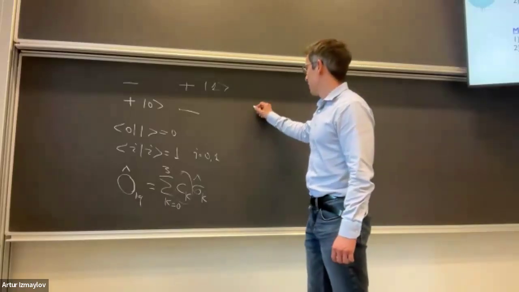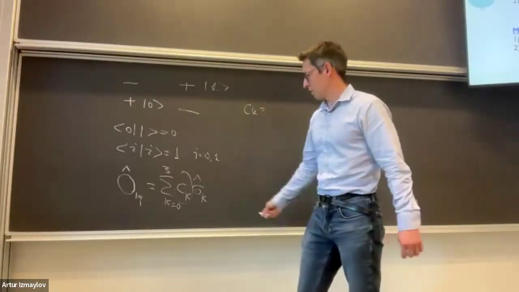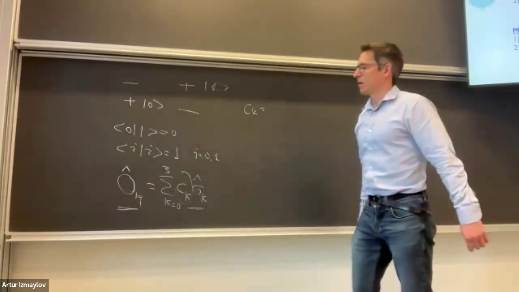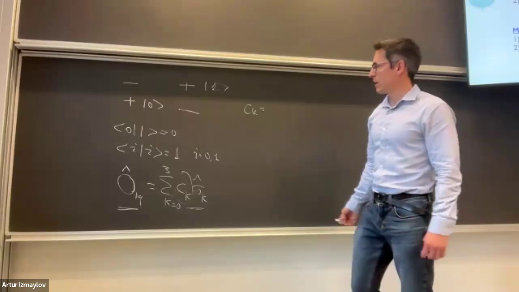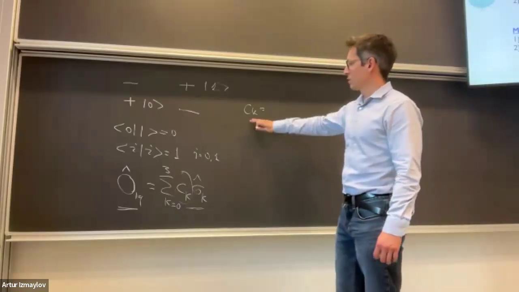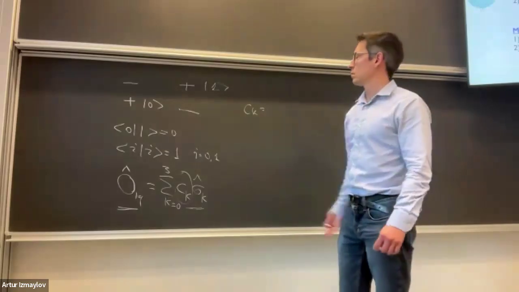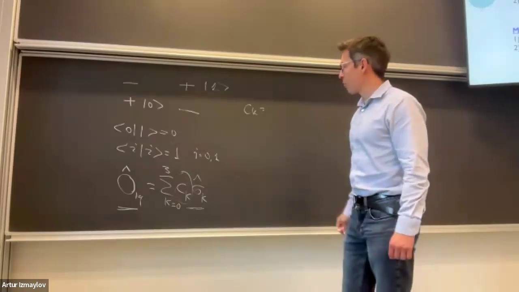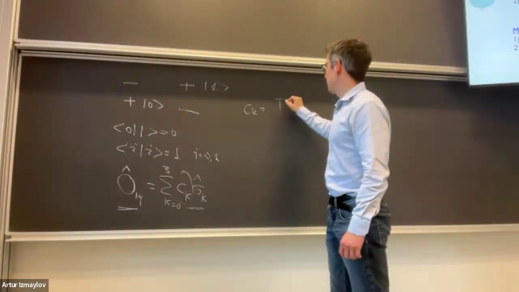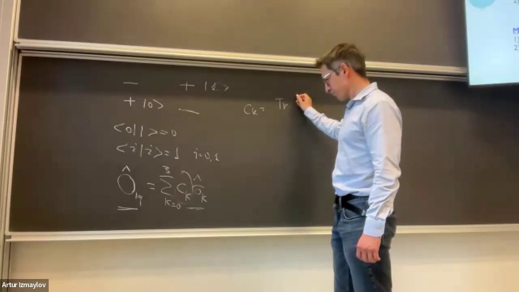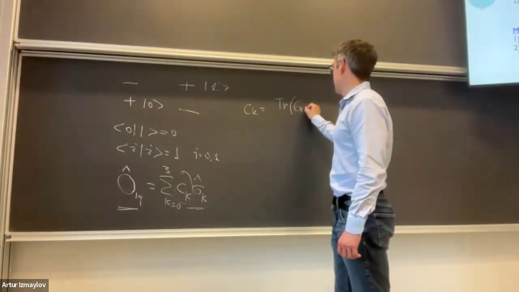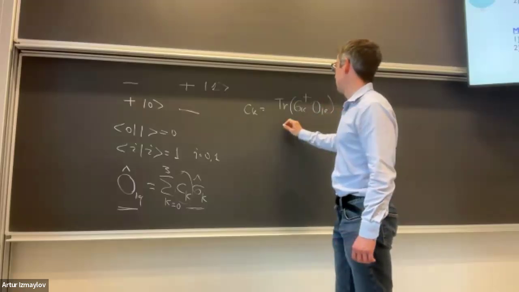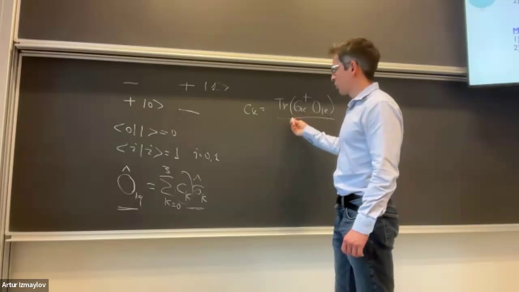This is an element of a linear space, and the operator basis lives in this space. We can define an inner product, and through it obtain the coefficients. The inner product in this space of operators can be written as the trace of sigma k dagger O, divided by the dimension of the space.